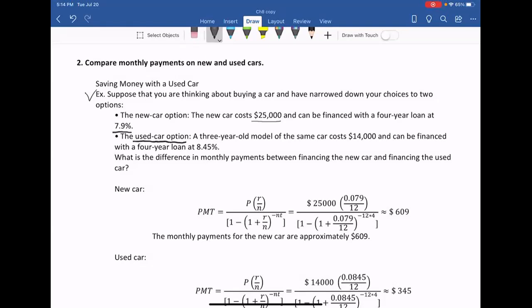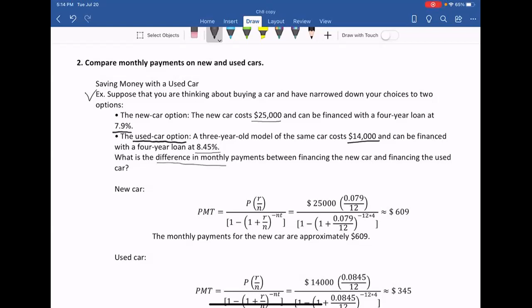A 3-year-old model of the same car costs $14,000, and can be financed with a 4-year loan at a rate of 8.45%. What is the difference in monthly payments between financing the new car and financing the used car?